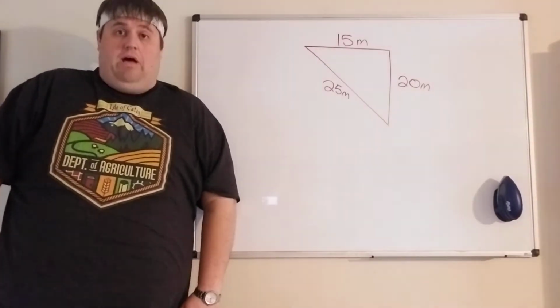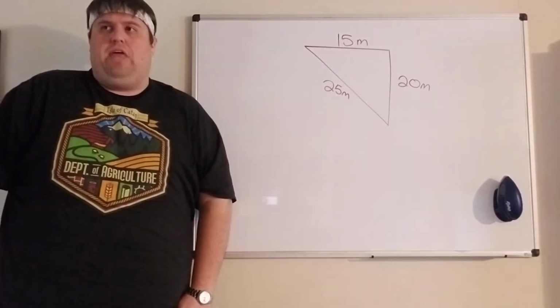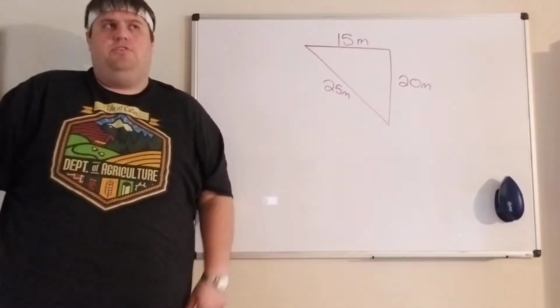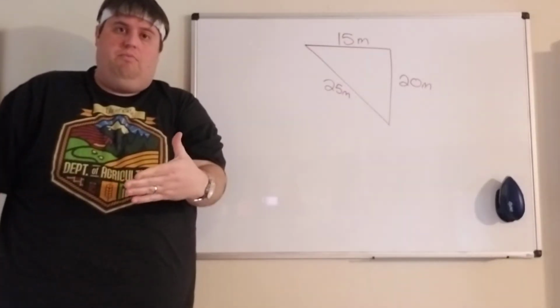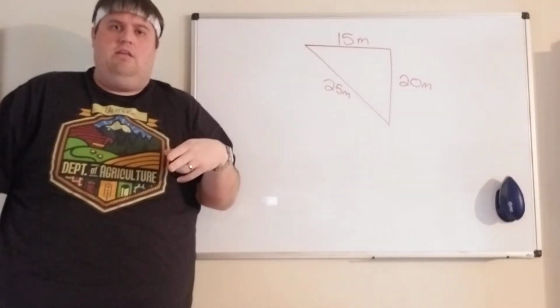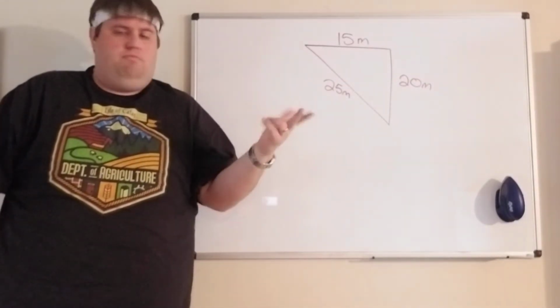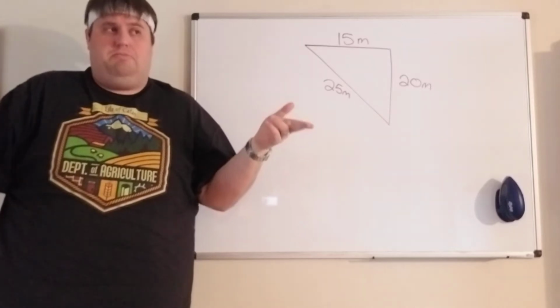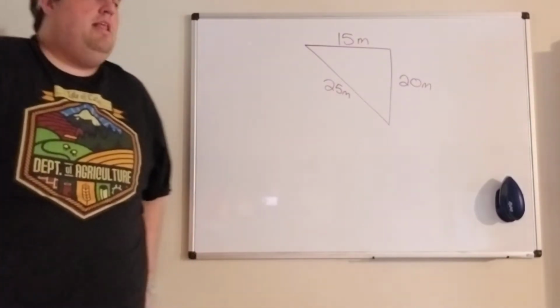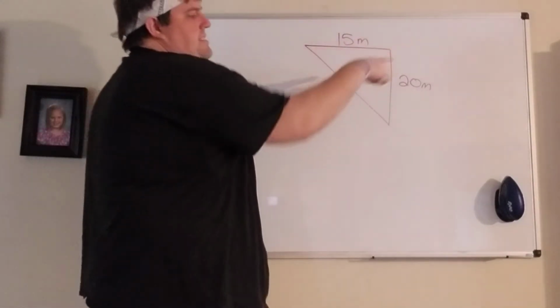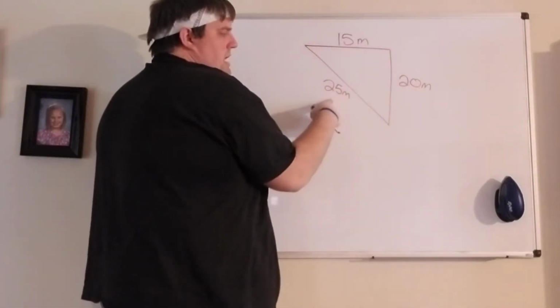Well, to figure that out, we can use the Pythagorean theorem, right? So we said if something was a right triangle, we could put the legs in for A and B. We could put the hypotenuse in for C, whatever we need to do, and do A squared plus B squared equals C squared, and figure out the missing side. This time we don't have a missing side, right? We know all three.